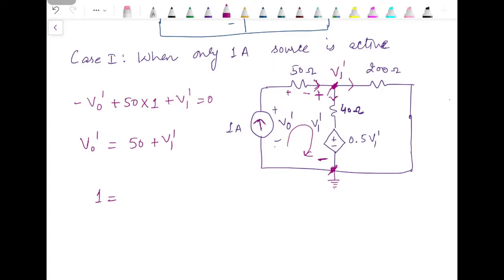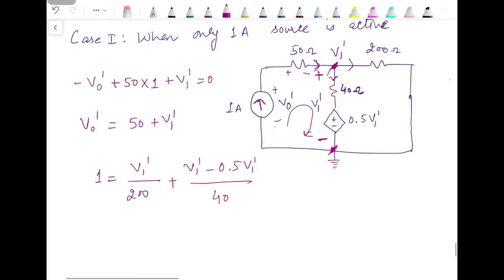So the current through the 200 ohm resistance will be V1 dash by 200 plus the current through the 40 ohm resistance, V1 dash minus 0.5 V1 dash by 40. When we solve this equation, we get the value of V1 dash as 57.143 volts.